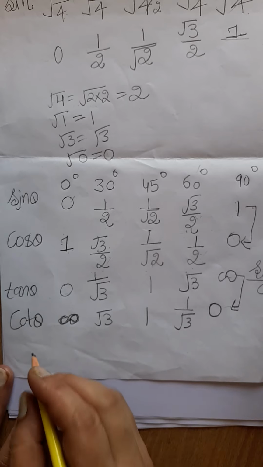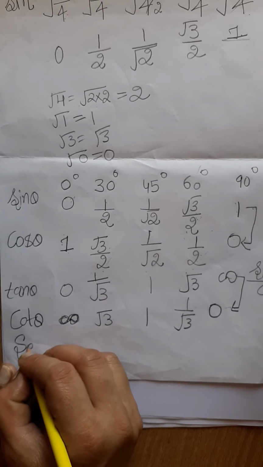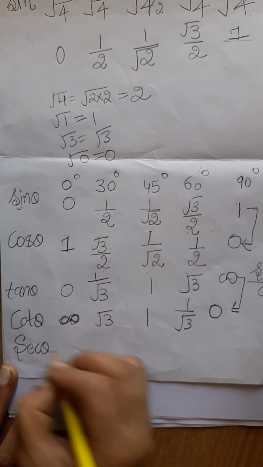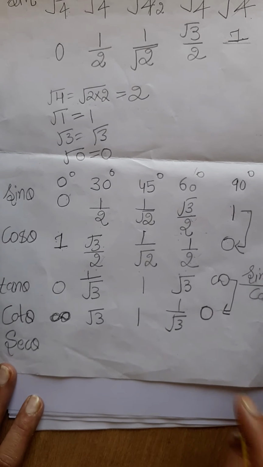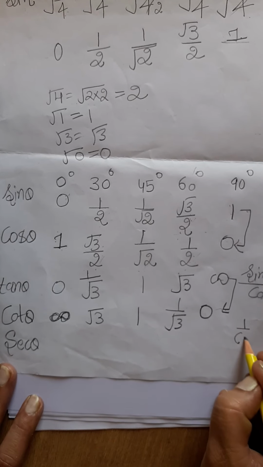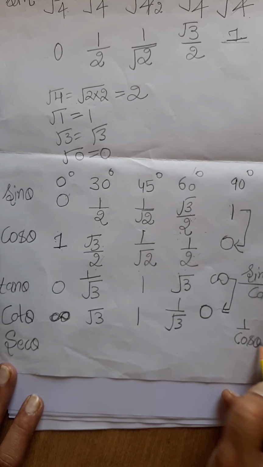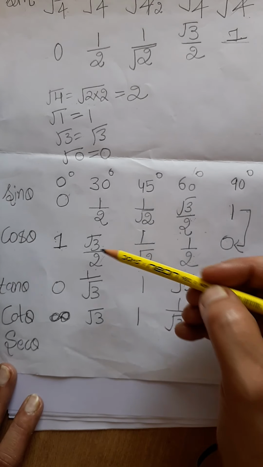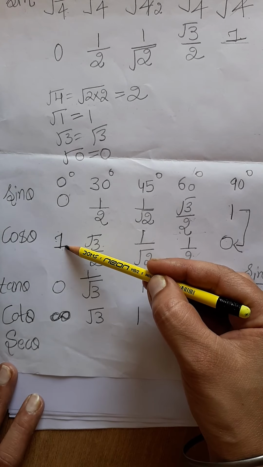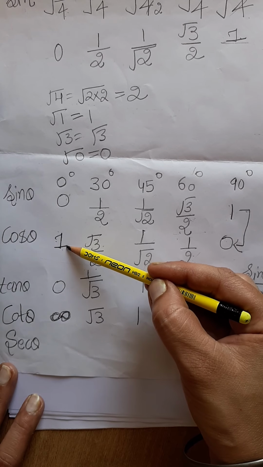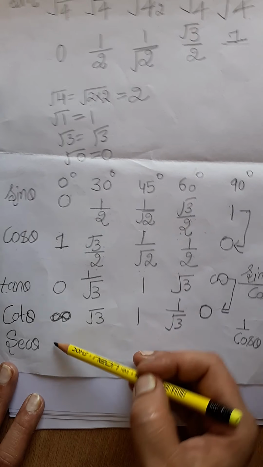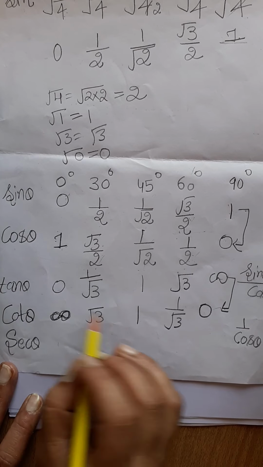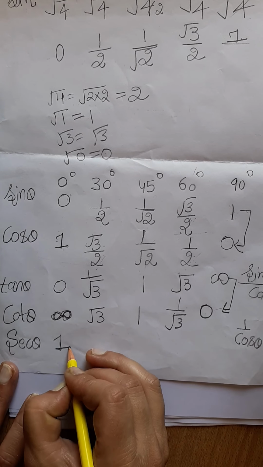When we find the value of secant theta, you know that secant theta is 1 upon cos theta, which means you only reciprocate the values of cos theta. Like you have 1, so in the place of 1, you can write here 1 by 1. 1 by 1 is also 1.